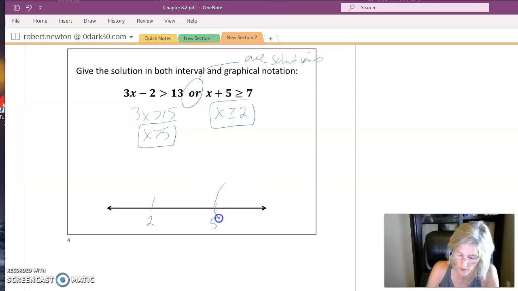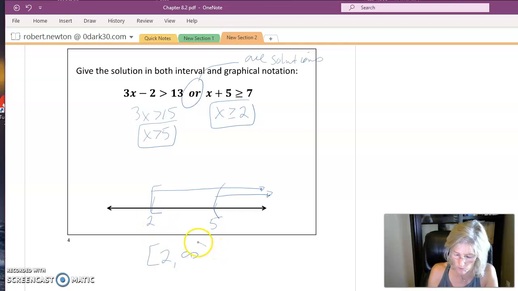It doesn't include 5, so parentheses and all those values to infinity. And here, all the values are bigger than or equal to 2. I need a square bracket because there's an equal, and it includes all of those. So all of the solutions start at 2, and they go to positive infinity.